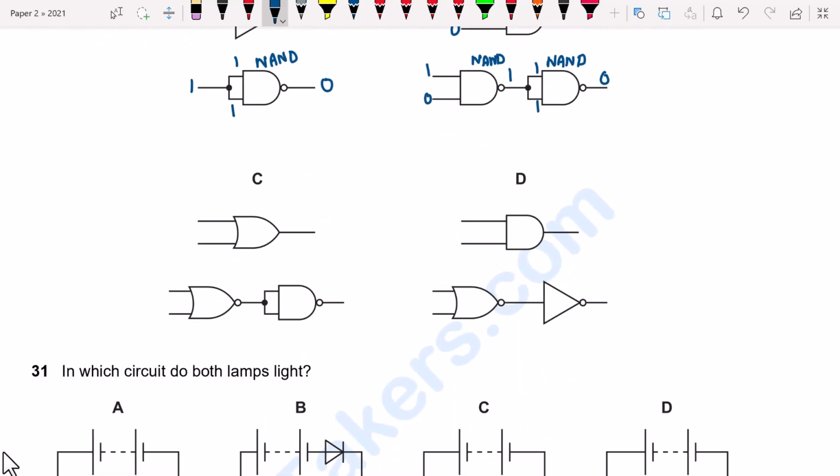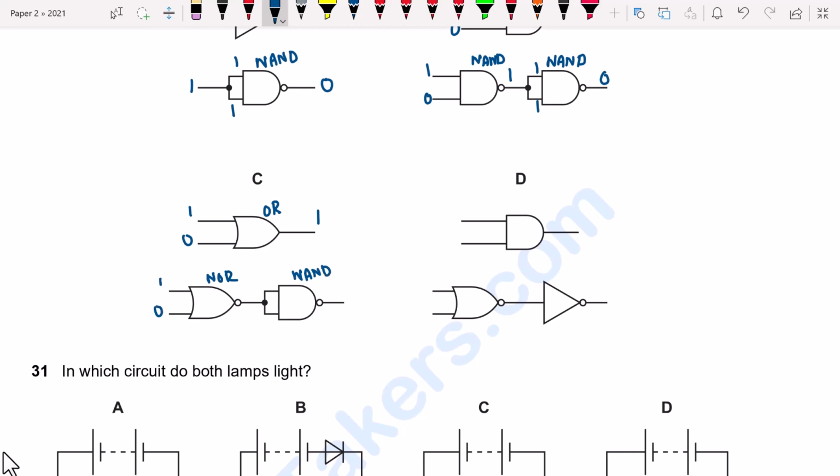Now we see options C and D. In option C, here is an OR gate. Again I consider inputs 1 and 0. 1 and 0 by the application of the OR gate changes into 1, because in the OR gate we say that if any one of the inputs is high, the output will be high. Second, here is a NOR gate and a NAND gate. Inputs are 1 and 0.